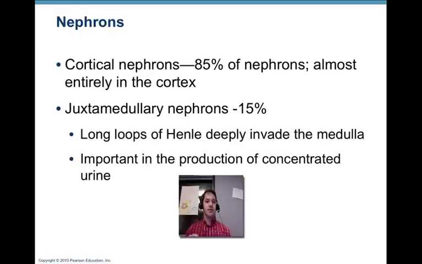The juxtamedullary nephrons, there's fewer of those, but they have long loops of Henle that deeply invade the medulla. And they're really important in the production of concentrated urine. The medulla is very hyperosmotic. There's lots of solutes there, and so we can use that gradient to produce concentrated urine. More on that later.